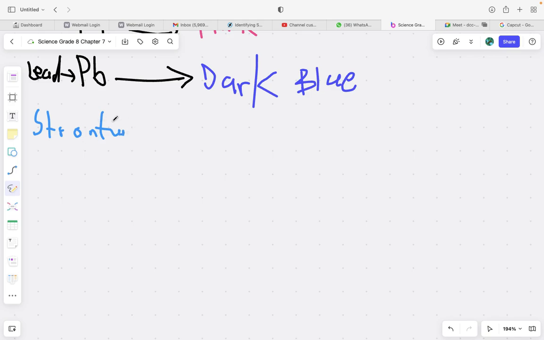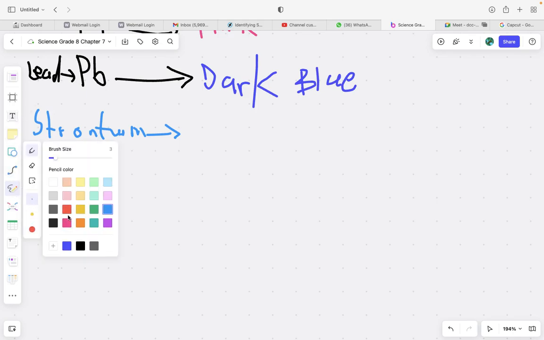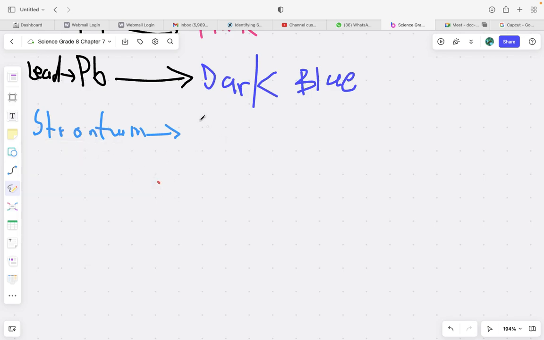Strontium. Okay? So what color is it? Red, right? Yes. Red. Okay.